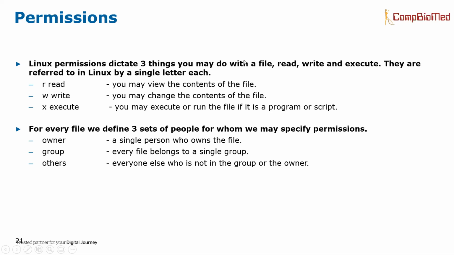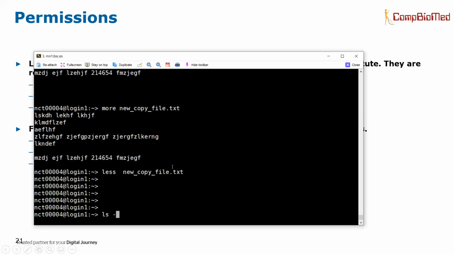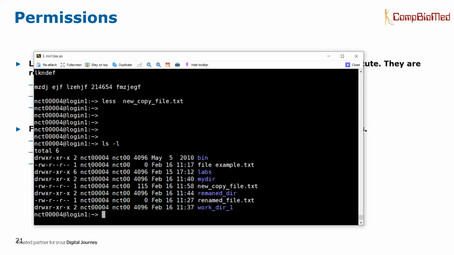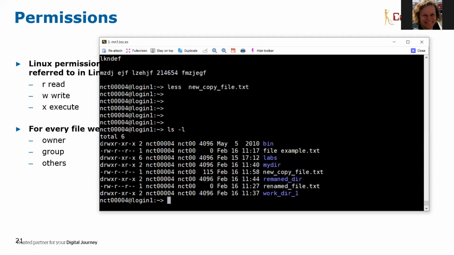And finally, about the permissions, and some of you had this problem earlier. When you have a file, you will have special permissions on this file. You can either read it, write to it, or execute it. And this is what will be shown when you type the command ls -l here.